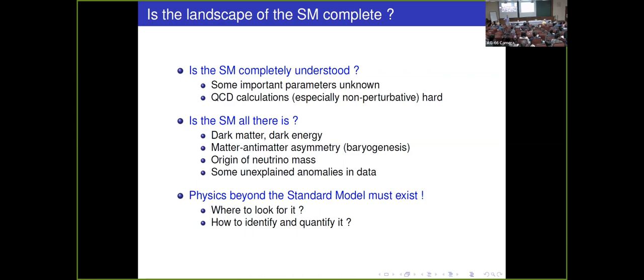Because we talked about CP violation in weak interactions. Can you please introduce us to strong CP violation in strong interactions? I know that's a very theoretical thing, not so much experimental.